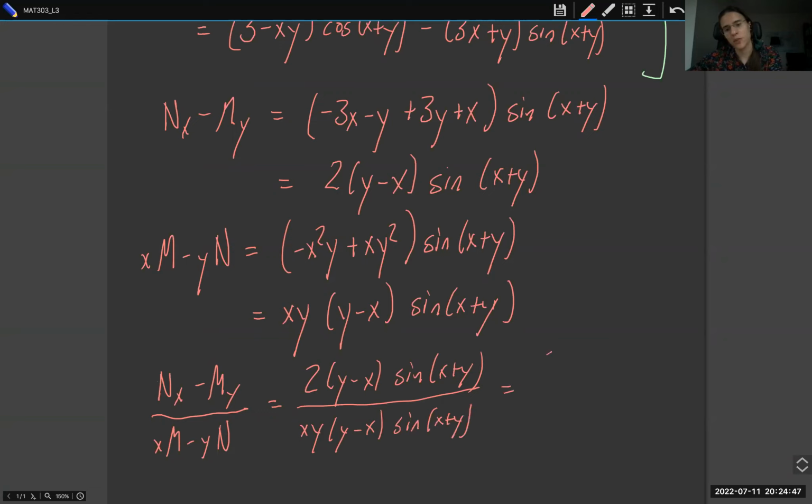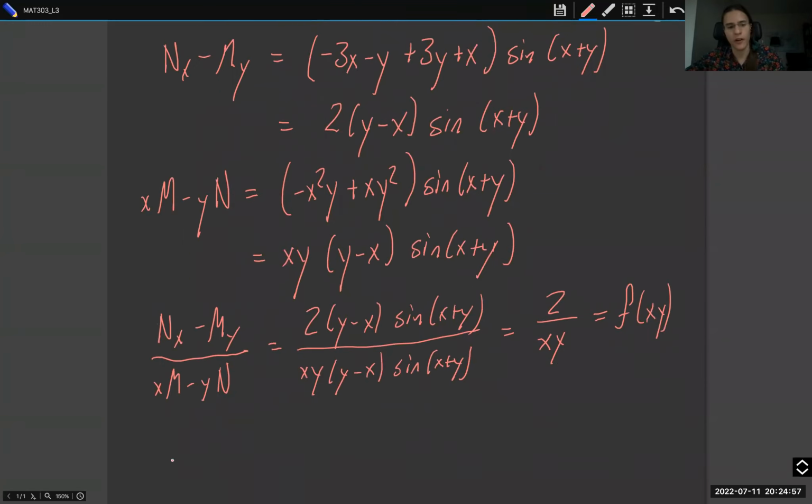And that's equal to 2 divided by xy, which is a function of xy. Let's say f of z is equal to 2 over z, right?